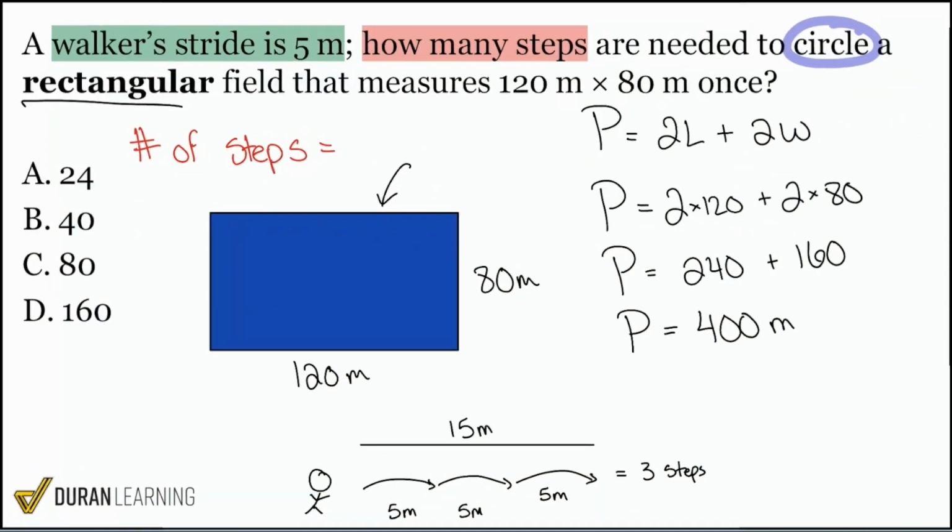So with 400 meters divided by 5 meters per step, that's going to be 80 steps. Again, we're not looking for a distance, we're looking for the number of steps. And that's why the correct answer here will be C, 80 steps.